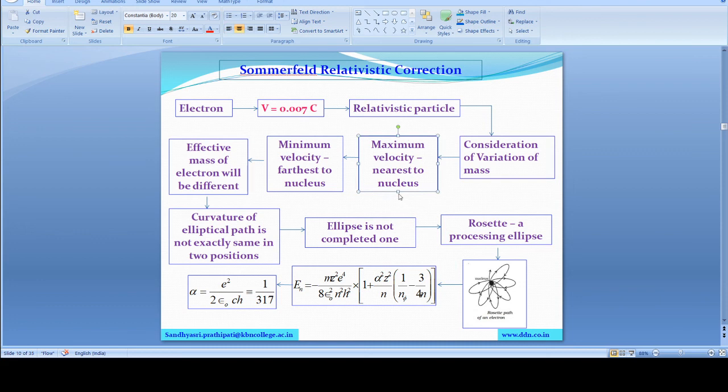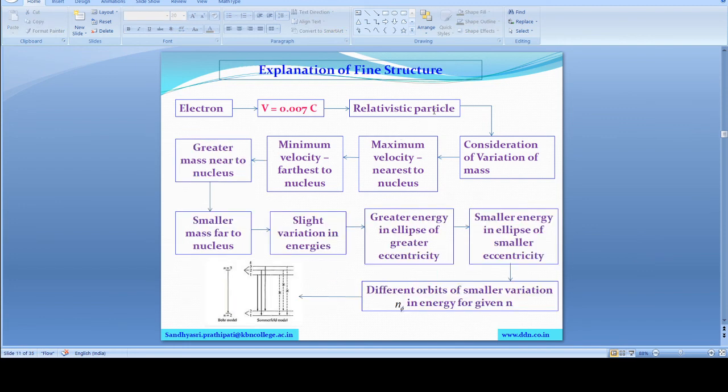So maximum velocity at the nearest point, minimum velocity at the farthest point, effective mass will be different. Greater mass near the nucleus, smaller mass far from the nucleus. So there is a slight variation in energies. Greater energy exists at the greater eccentricity ellipse, smaller energy at the smaller eccentricity ellipse.